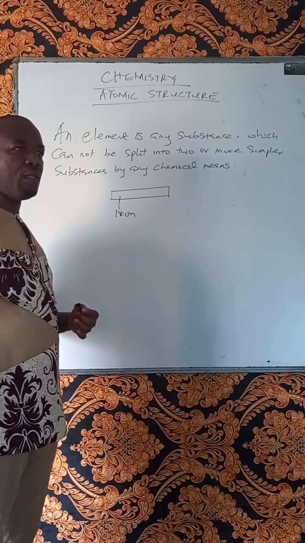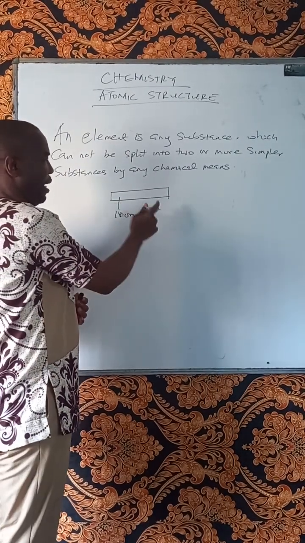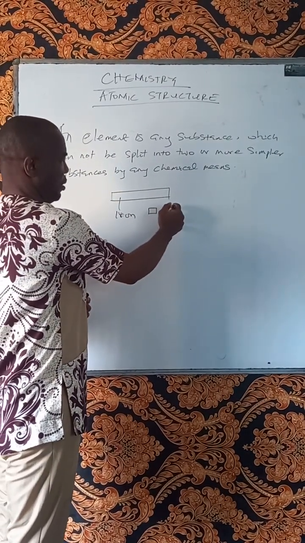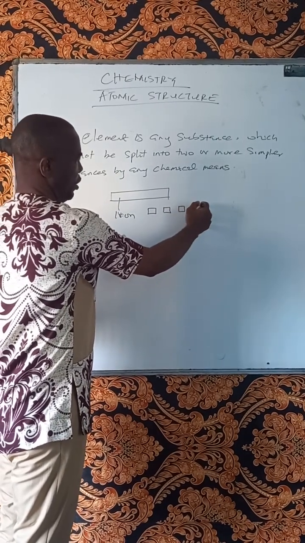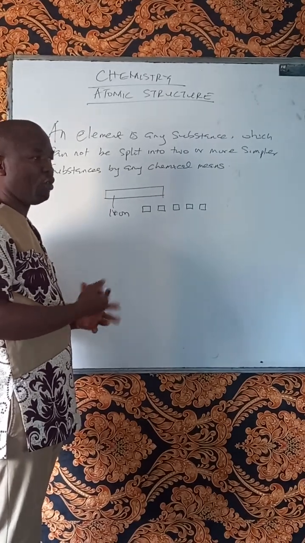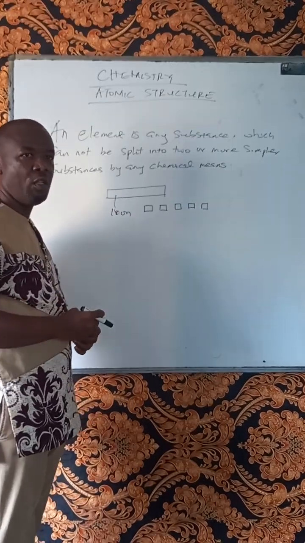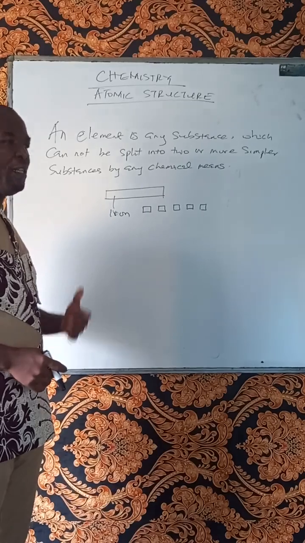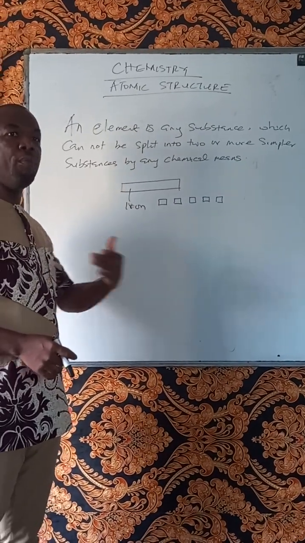If by any means I cut this element, this iron, into small pieces, each piece remains iron. It cannot change to another substance. So that definition does not mean that an element is so hard we cannot break it.